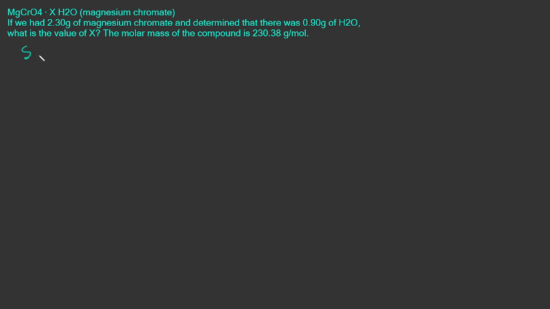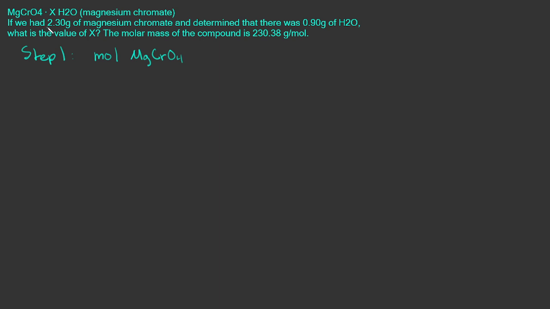So step one, our job is to find out how many moles of our ionic compound we have. We're trying to find out how many moles of magnesium chromate, MgCrO4, we have based off of the information that's given.